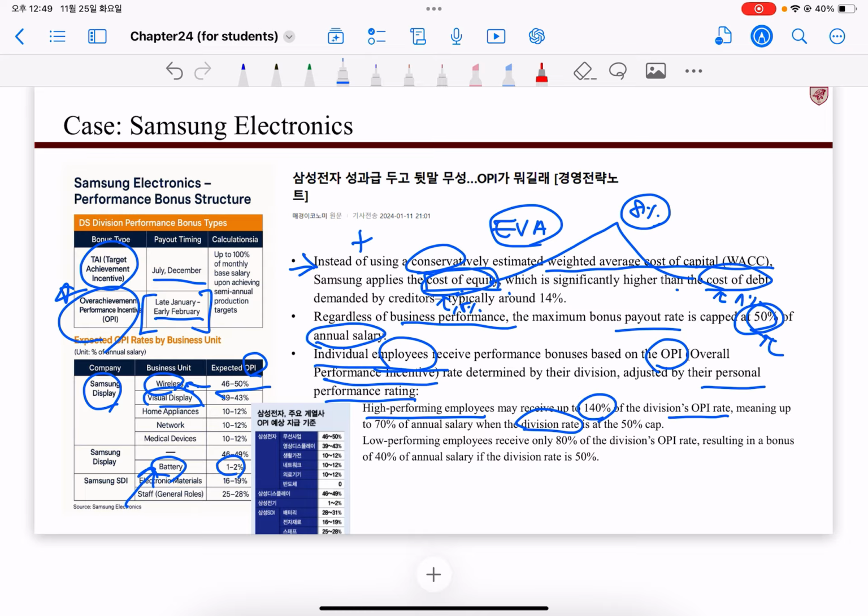Meaning, if your division OPI is 50% and you are a high performer, then 140%, so you can even get 70% of the annual salary. Whereas if you're a low performer, and your divisional OPI rate is 50% and your individual rate is 80%, it's going to be 40%. So there is some individual flavor also in the incentives.